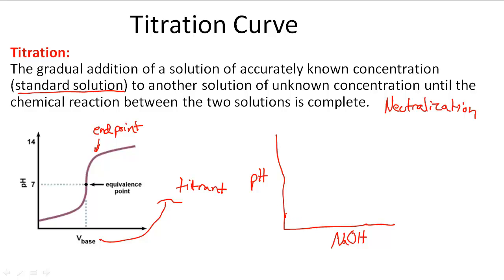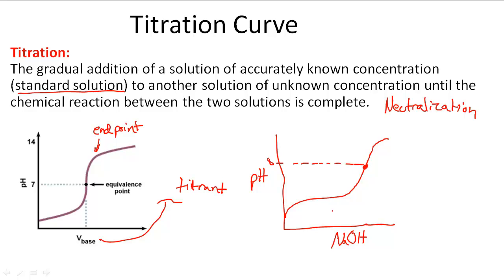If we have a weak acid like this, the equivalence point is going to be more in the basic range, about 8 here. This is almost a standard titration curve for a weak acid and a strong base. So this is the equivalence point there.